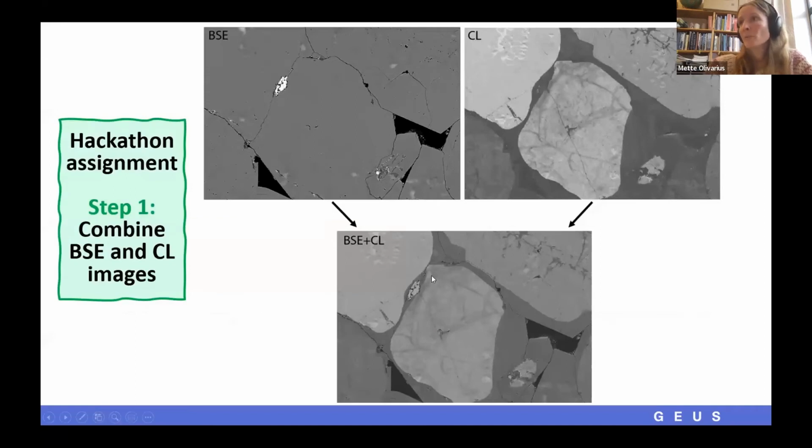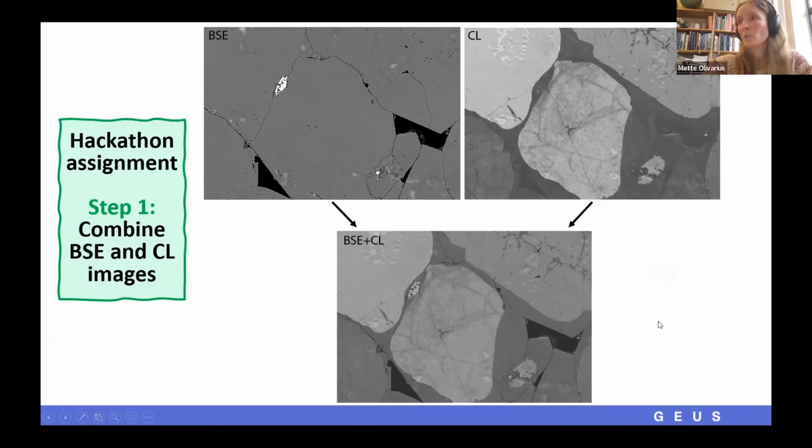So step 1 would then be to combine. Here you can see an example where we have done it ourselves, and these images are slightly offset, which always happens in an SEM because it's different detectors that measure these different images.